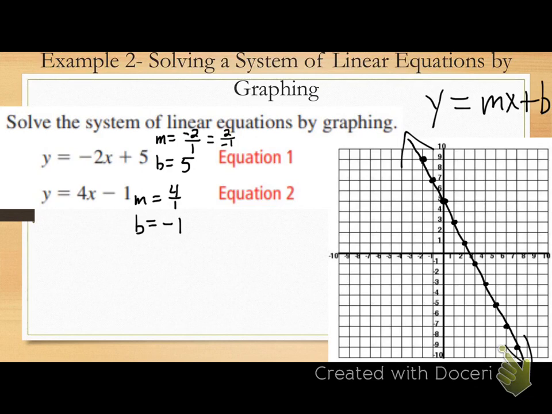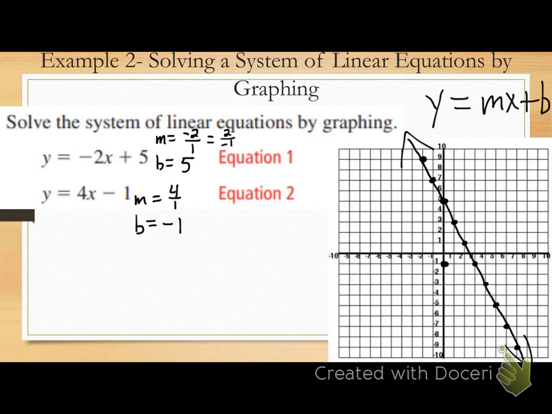What do I need to graph first? My y-intercept of -1. It's going to go to -1 on my y-axis. +4 over +1. Which two directions am I going to go? Up 4, right 1, from my y-intercept.